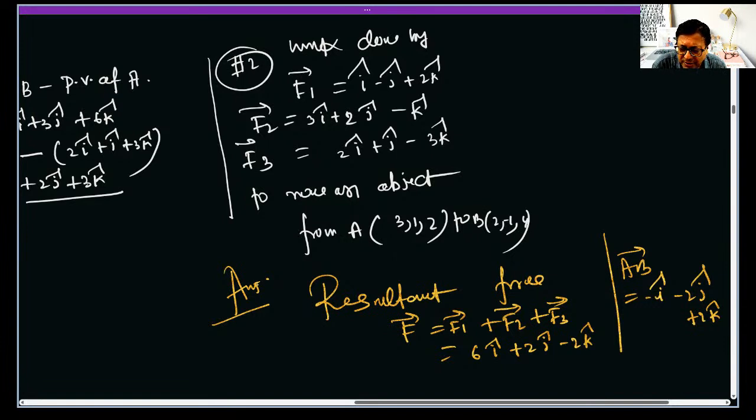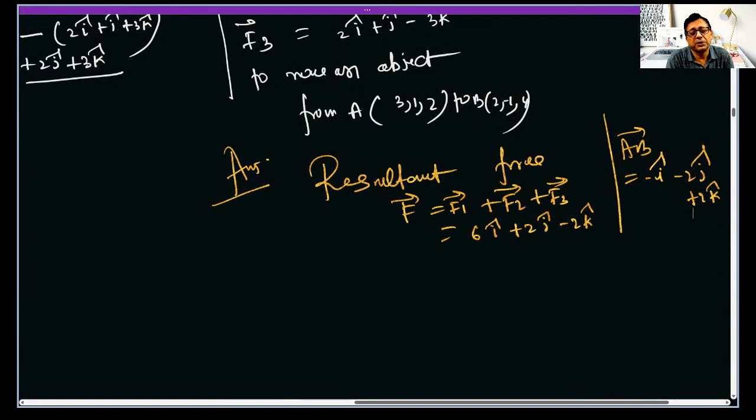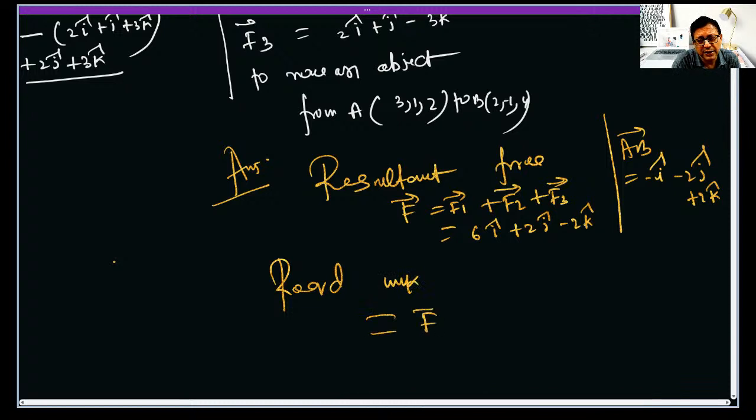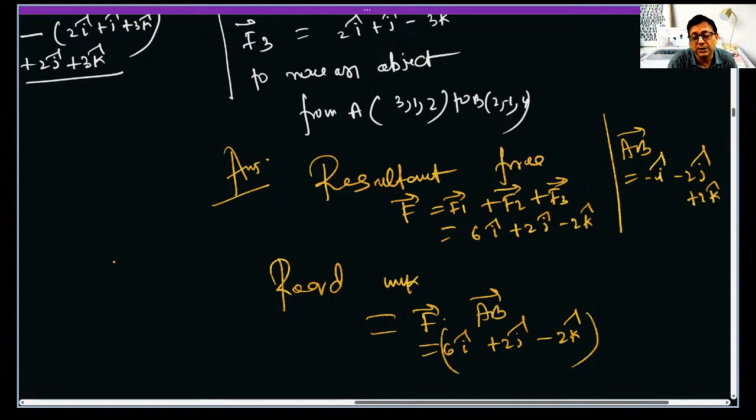So you got the displacement vector, you know the force vector, you just use dot product. So the required work is going to be F dot AB. Again the same manner, 6i plus 2j minus k dot minus i minus 2j plus 2k.